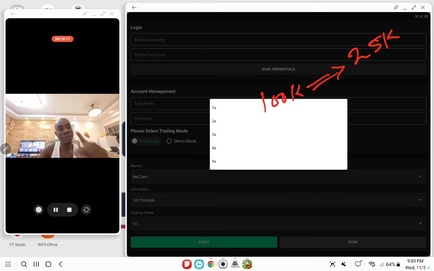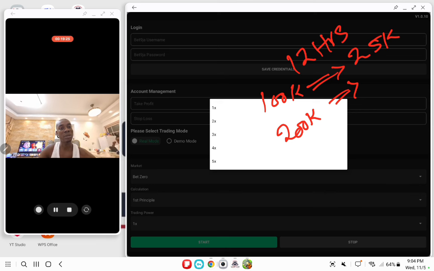Now someone that is using 200k within that time frame, let's say you make this amount in 12 hours or less, or more. I'm not saying this is precisely how it's going to be. Now if you are making this amount in 12 hours, this person with 200k using 2 times trading power will make 50,000 naira in exactly these 12 hours.